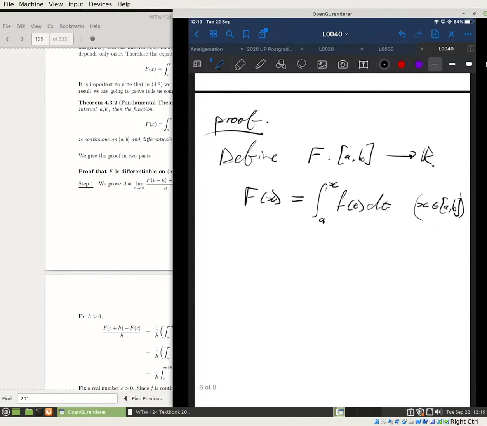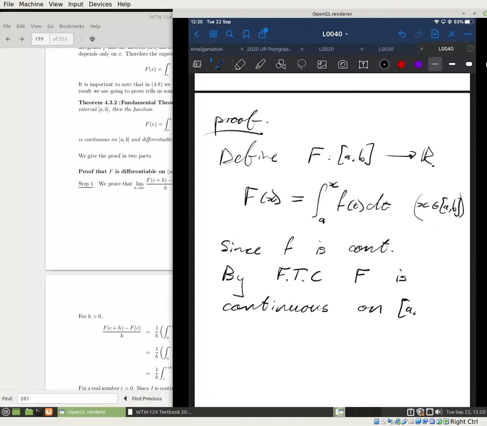Okay, so since little f is continuous, by the fundamental theorem of calculus, big F is continuous on the closed interval AB and differentiable on the open interval AB.